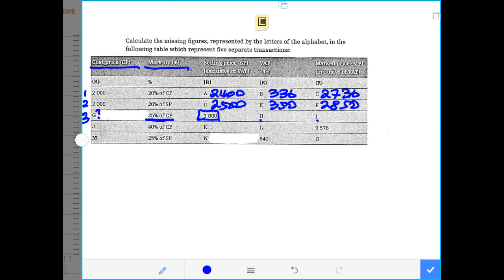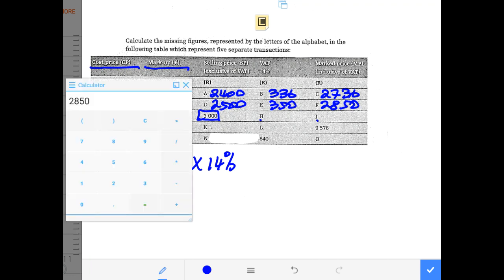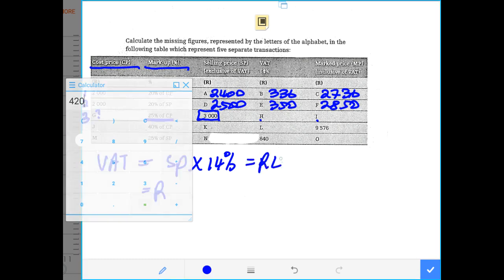And which one can we start with? We can start with the VAT, no problem. We can start with the marked price, no problem. Why? Because VAT is based on the selling price. So now our VAT can be equal to selling price times 14%. Therefore our VAT will be calculated by saying 3,000 times 14 divided by 100. This will be 420.